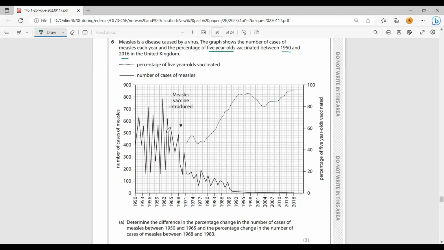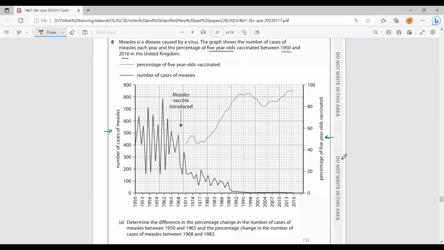Here, without vaccination at first, and then after vaccination was introduced, the number of cases dropped a lot. And this line graph is the percentage of 5-year-olds vaccinated. If you want to read the number of cases you read from this y-axis, and if you want to read the percentage of 5-year-olds vaccinated, it's from this axis.